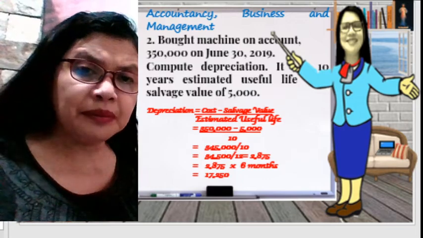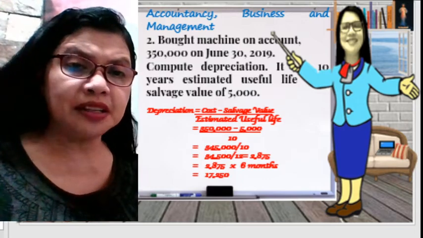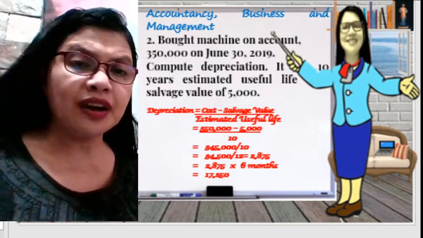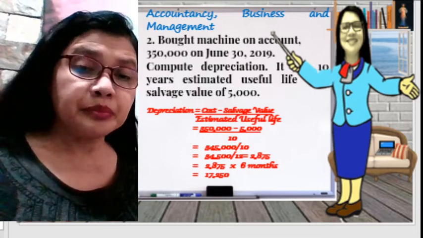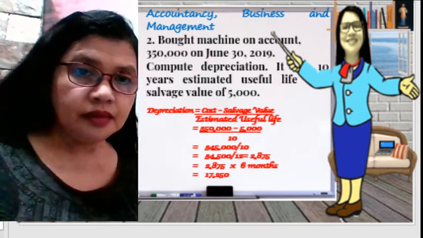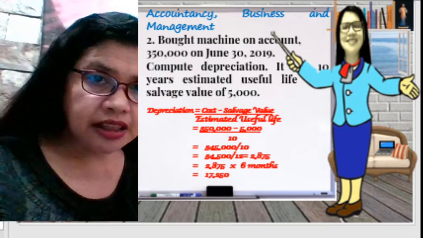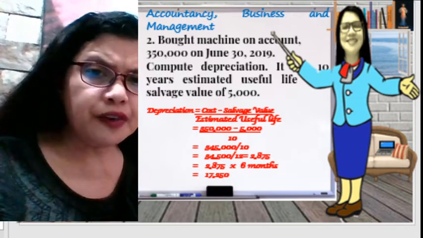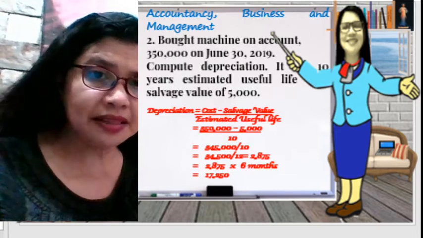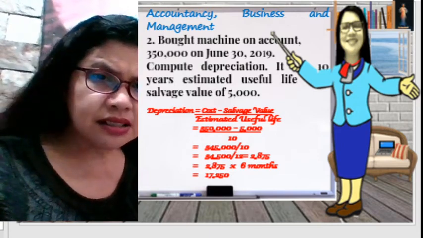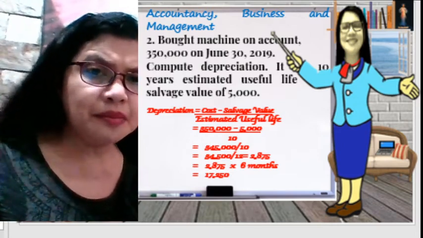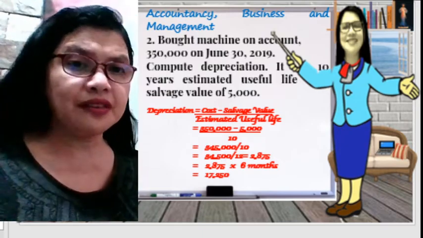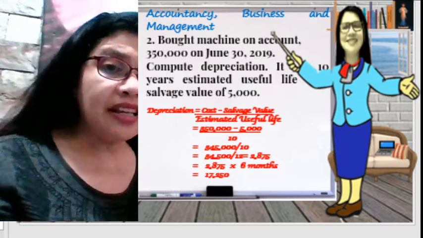So 350,000 less 5,000 is 345,000 divided by 10, which is 34,500 per year, divided by 12.